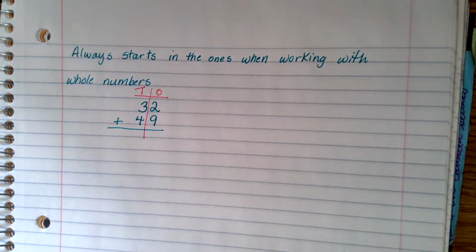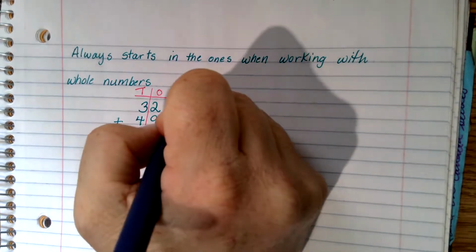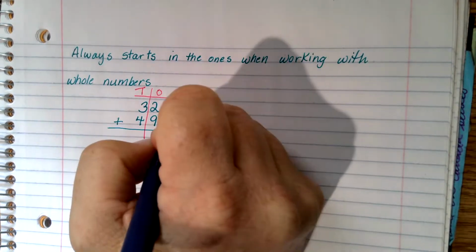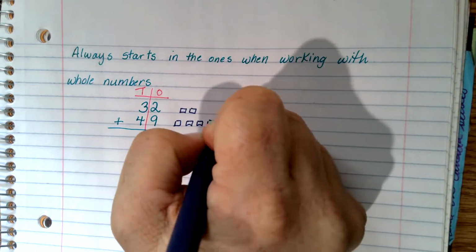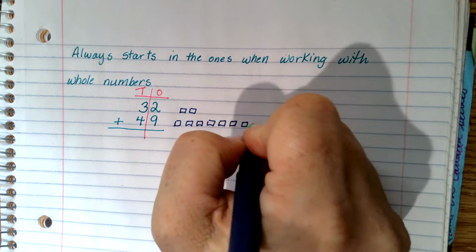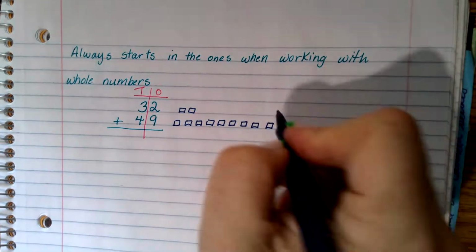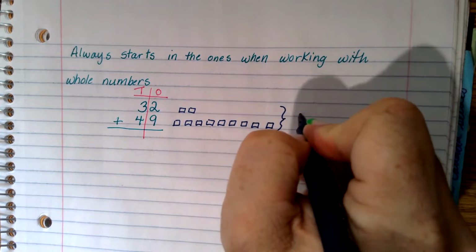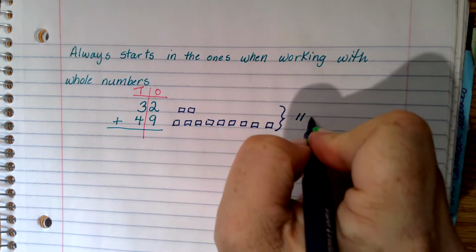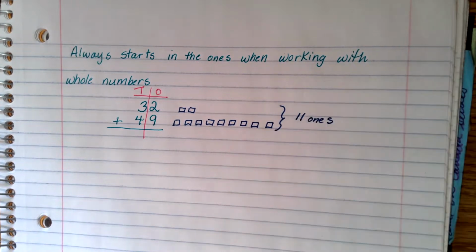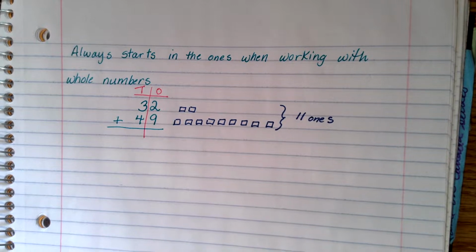When we look at our ones column, we have 2 plus 9. 1, 2, 3, 4, 5, 6, 7, 8, 9. When we put 2 plus 9 together, that equals 11. We have 9, 10, 11 ones.